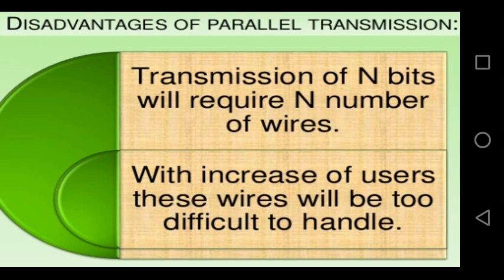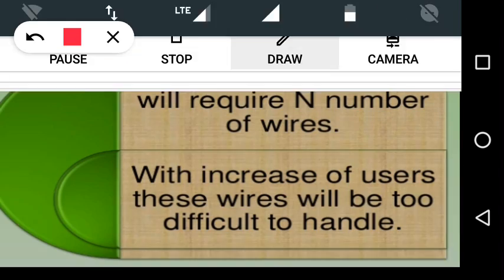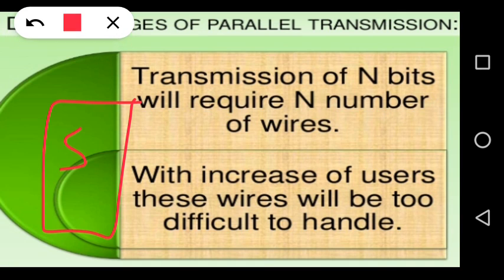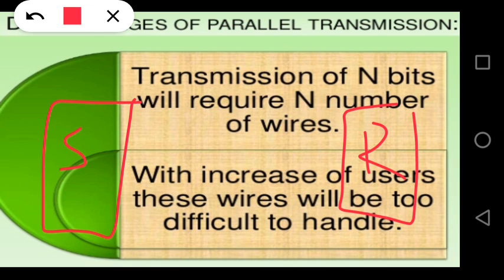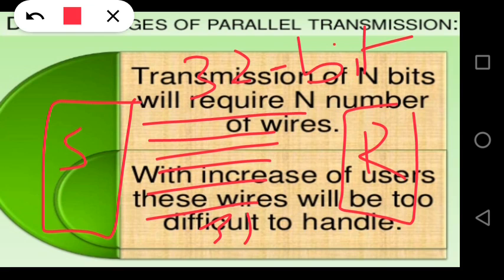As I said earlier, if I want to transfer 32 bits from sender to receiver, I need to have 32 wires, which will be too difficult to handle. It's very difficult to handle, and it increases the cost. So this is the disadvantage of parallel transmission.